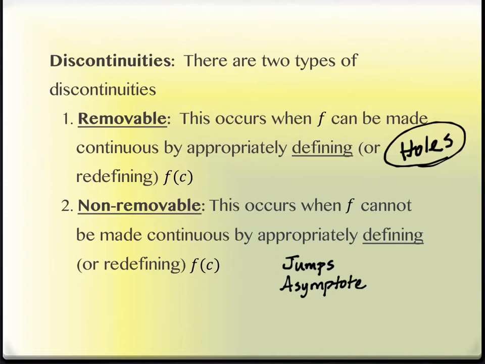It's discontinuous, and there's no way to fill in the hole, right? When I have a hole, I could just give some kind of a definition that changes it and it fills in the hole. And if I could fill in the hole, everything would look just dandy, right? But I can't do that if I've got a jump in the graph. There's no single hole to fill in that makes me not have to pick up my pencil. So I have a non-removable discontinuity.